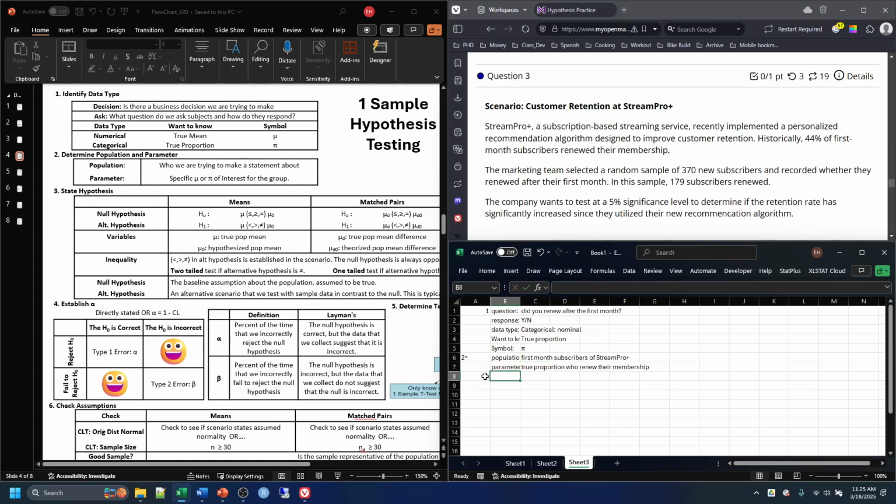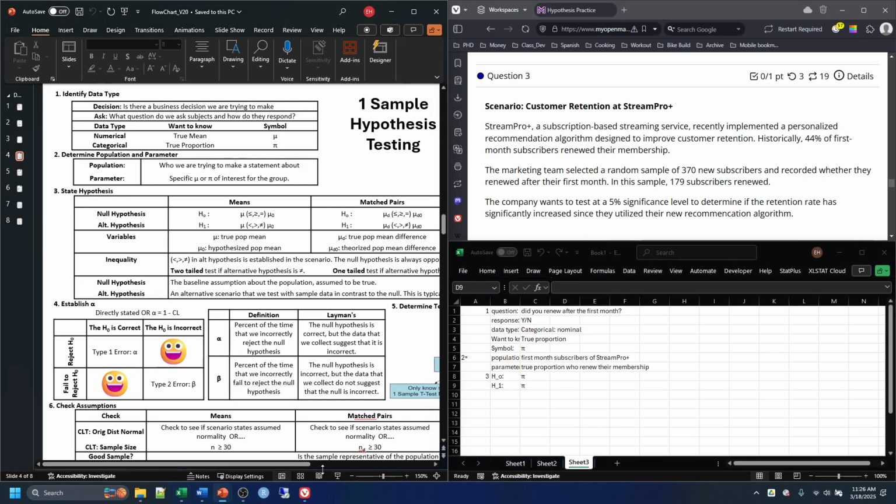Let's go ahead and do step three then. In three, we need to do our null hypothesis, H sub 0, and our alternative hypothesis, H sub 1. Since we know from step one that what we are interested in is pi, we can go ahead and put those in. Now let's get our symbols.